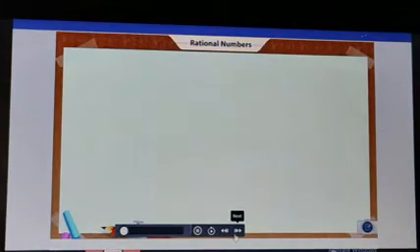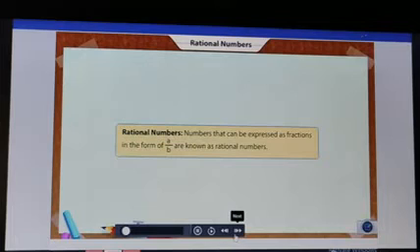We know that rational numbers are numbers that can be expressed as fractions in the form of A by B. Thus, if a decimal number can be changed into the form of A by B, then it is said to be a rational number.